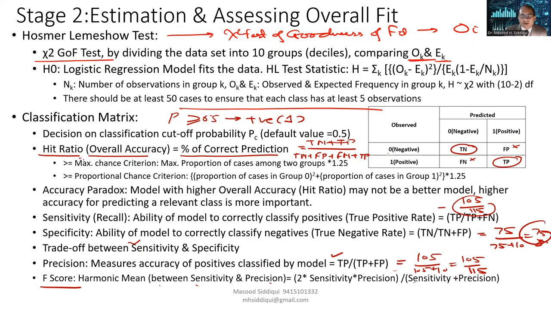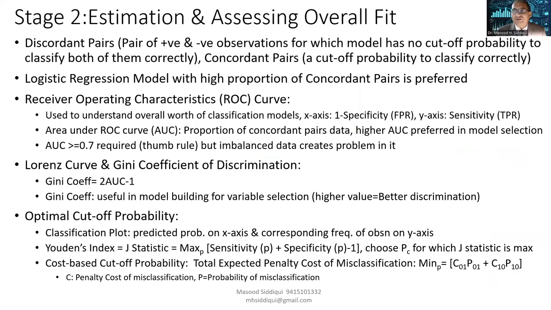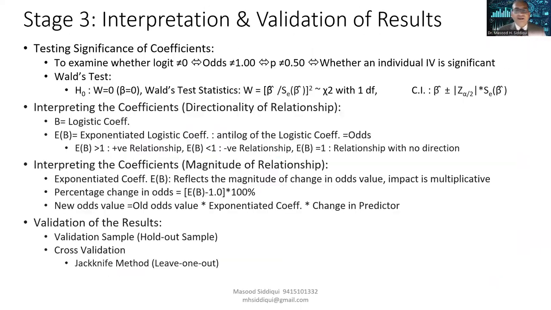Whether we use overall accuracy, sensitivity, specificity, precision, or F score, all give us the same values. So this is related to the model accuracy part, and as we examine, the overall model is doing good. Now we come to the next part, testing the significance of the coefficients.